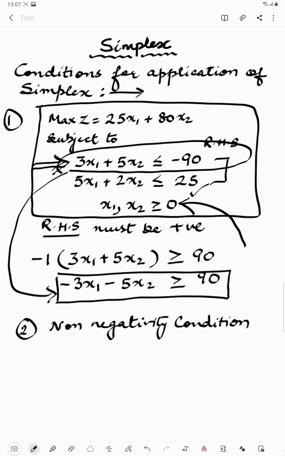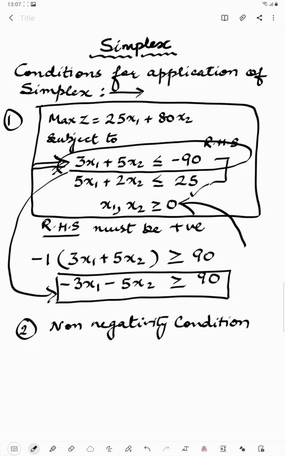It means that all the decision variables given in the linear programming problem must be either positive or 0. The decision variables can never have negative values. That is a very important condition for application of simplex method.